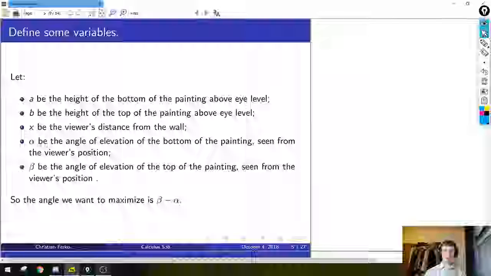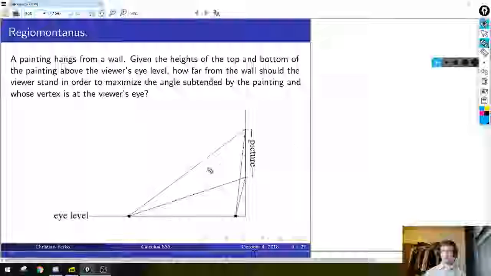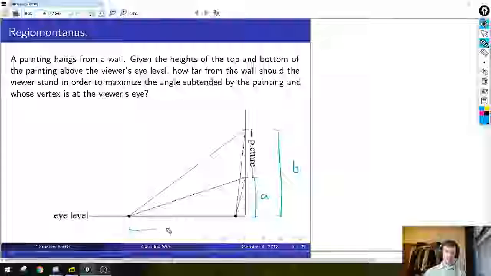Say alpha would then be the angle of elevation to the bottom, and beta is the angle of elevation to the top. So pictorially, I'll draw it for this one, the guy further away on the left rather than the guy who's closer. If that's true, then we want this distance to be A, this top thing to be B. In this case, his distance away from the painting will be X.